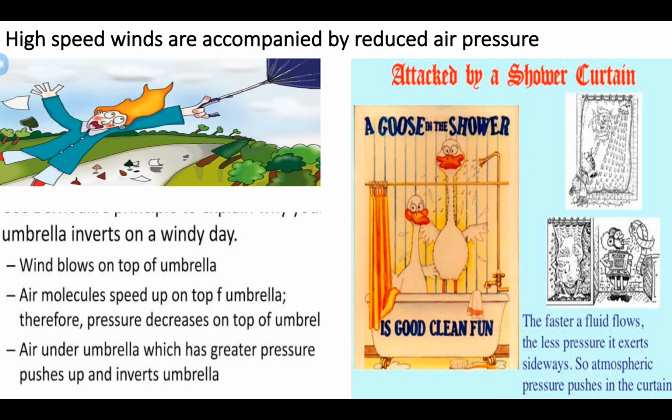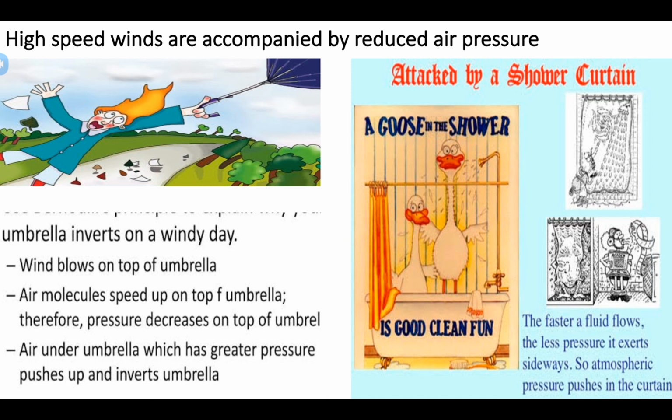So when wind blows on top of the umbrella, that fast blowing wind has which kind of pressure? Low pressure. So the pressure decreases on top of the umbrella. At the same time the low speed winds under the umbrella have greater pressure and push up and invert the umbrella. So don't go outside while having strong winds, that means high speed winds.